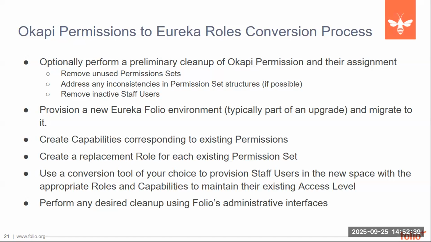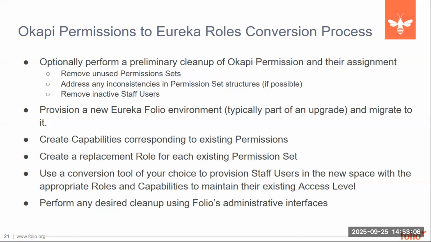So you will typically start from an Okapi system, and you'll create a new Eureka-based FOLIO, essentially having a migration from one to the other. That means on the new system, you need to curate those capabilities that correspond to the existing permissions. You need to create the roles representing the existing permission sets, using a permission conversion tool of your choice.